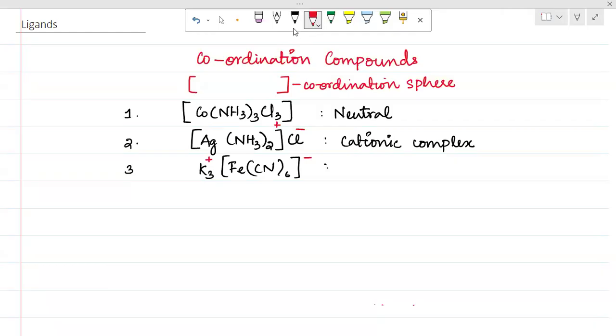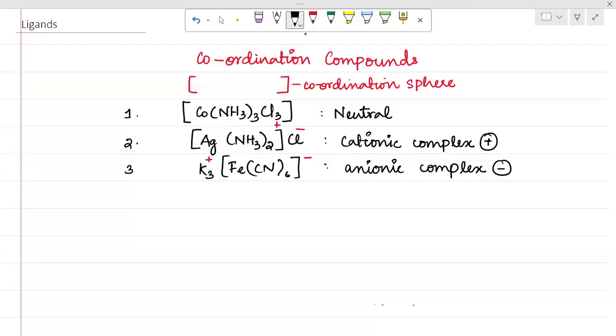Hence it's called the anionic complex. So the complexes can be neutral, carrying no charge, cationic, carrying positive charge, or anionic, carrying negative charge. Coordination compounds will exist like this.